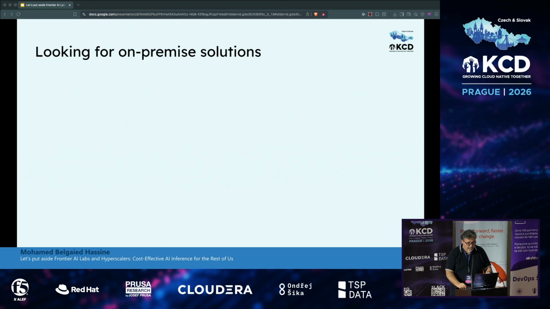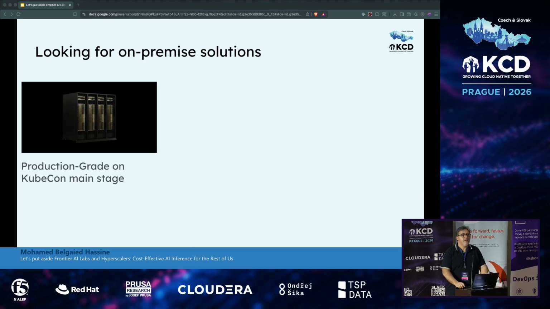First of all, you will see production-grade AI deployments and frameworks, but these are mostly built for data center scale infrastructure. I'm thinking about GB300 clusters, huge racks that would cost millions at a time. And this is what basically makes the headlines these days.